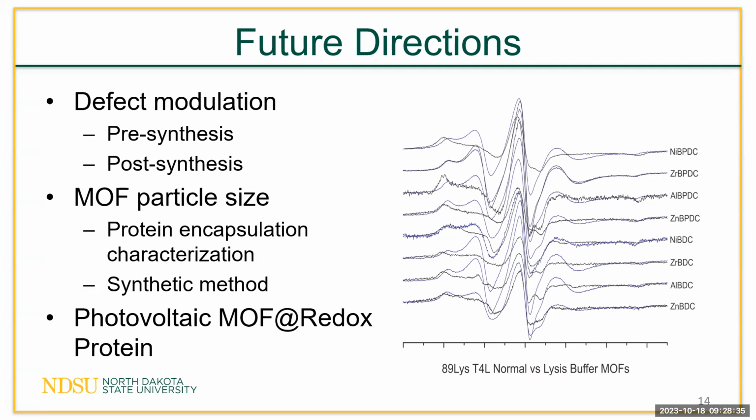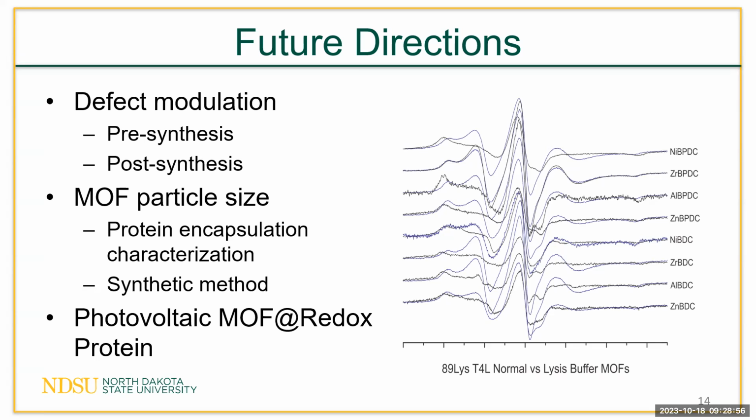And also, in another paper that is currently in preparation and almost out, we've shown that some of the metal organic frameworks we work with are actually photoactive. So when we shine a light on them, they electrochemically induce a current in the solution.